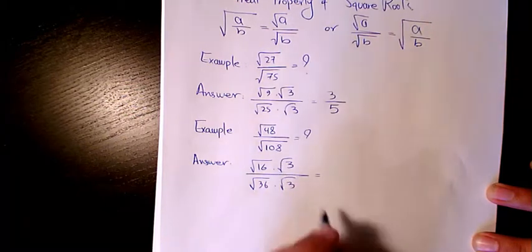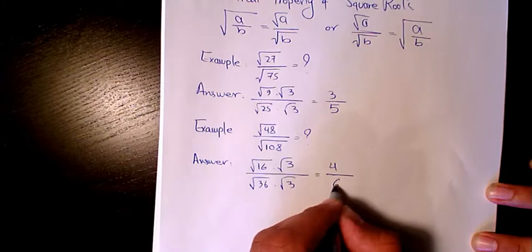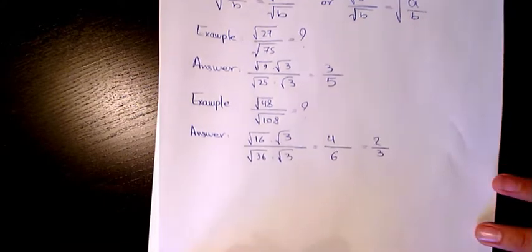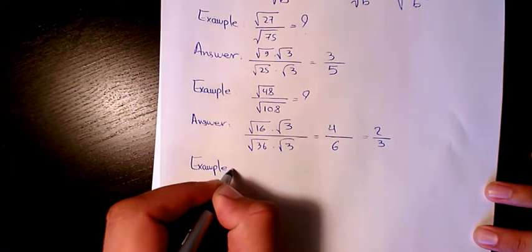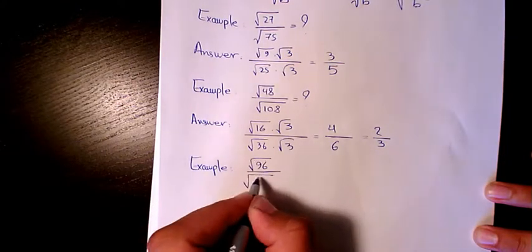Root 3 and root 3 cancel out. Root 16 is going to be 4. Root 36 is 6. So 4 over 6 is going to be 2 over 3. We simplified.